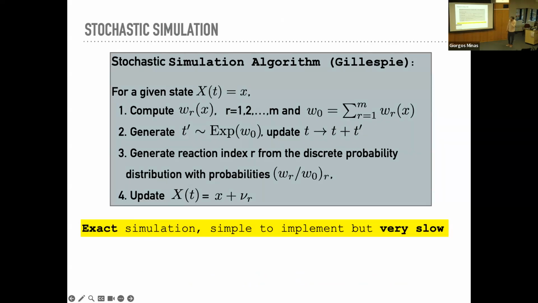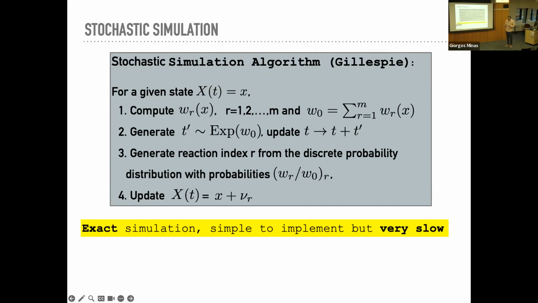So then, can we simulate from it? Yes, we can simulate quite easily. It's very easy to implement those exponential times, and so on. And this is exact simulation, so you can exactly simulate from that equation, but it's very slow because it generates every single reaction that happens, all the reactions.